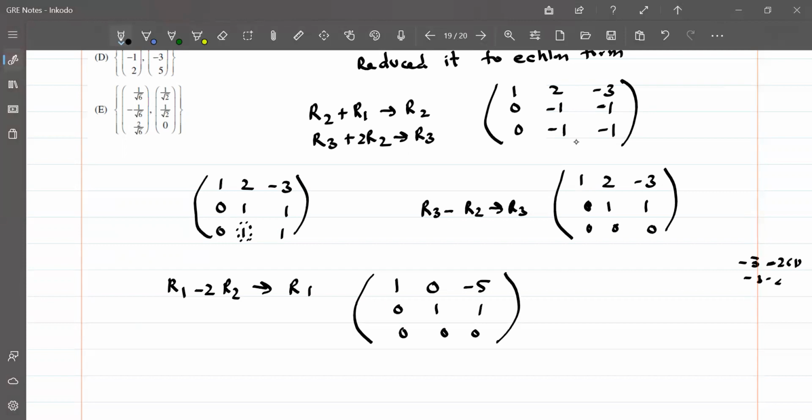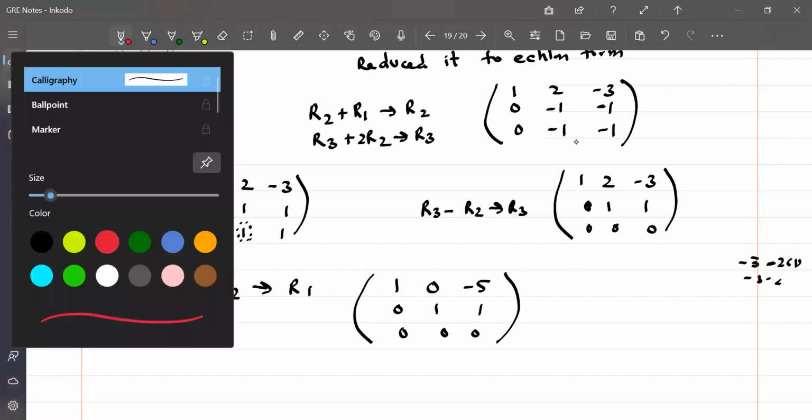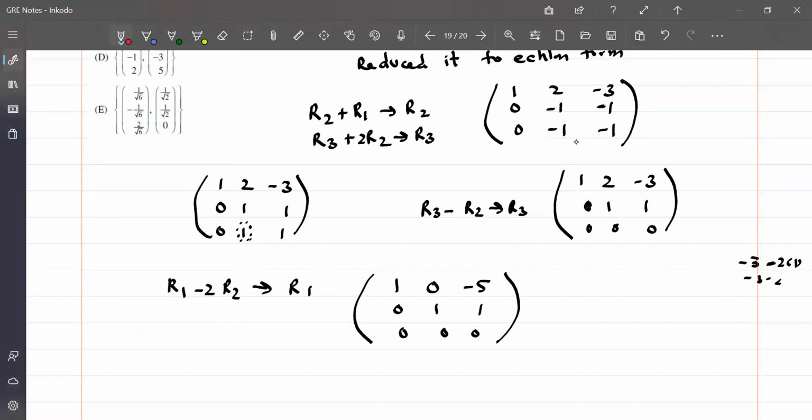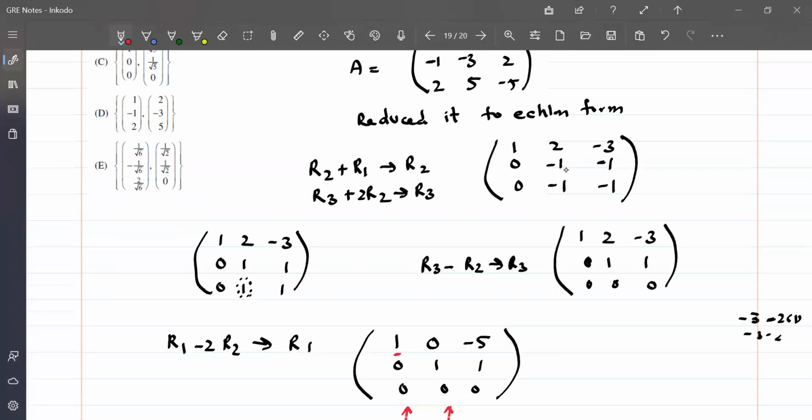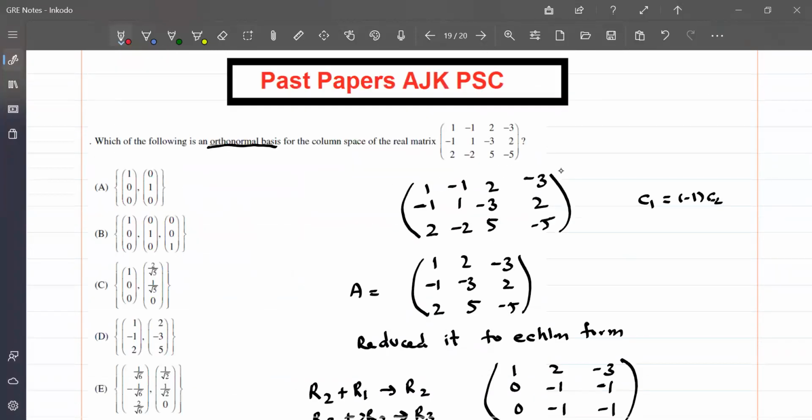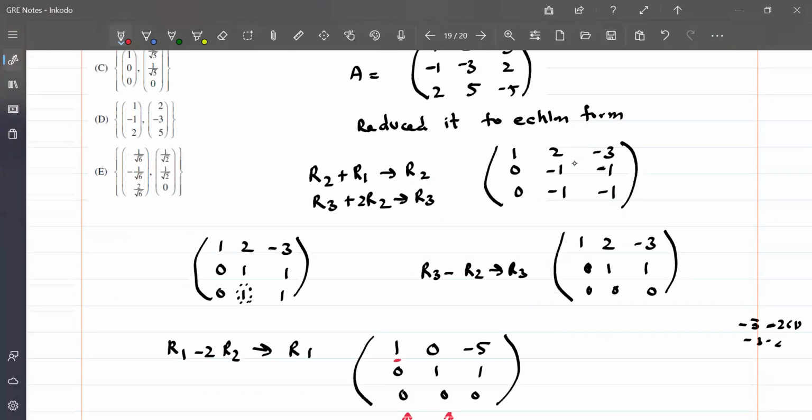Now you can see that here we will check where we have the pivot positions. We have a pivot position here, and a pivot position in this one, and here we do not have a pivot position. The columns which have the pivot positions give the basis. It means that the first and second columns are the basis.